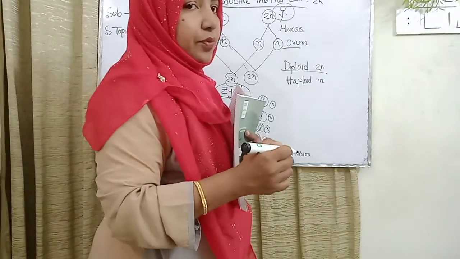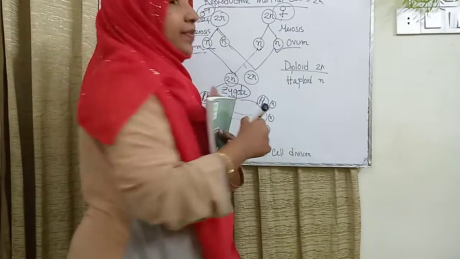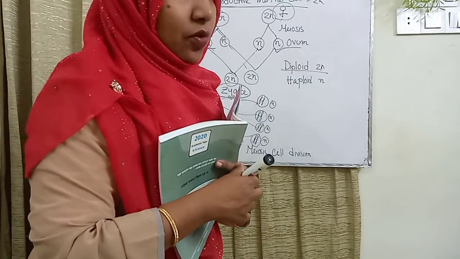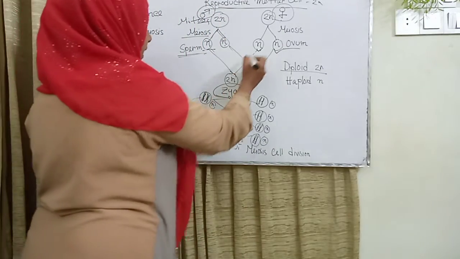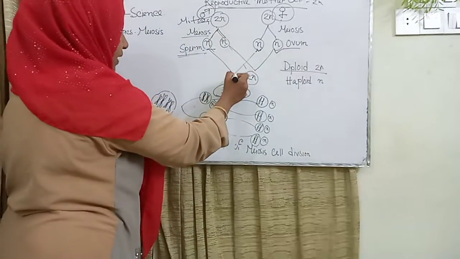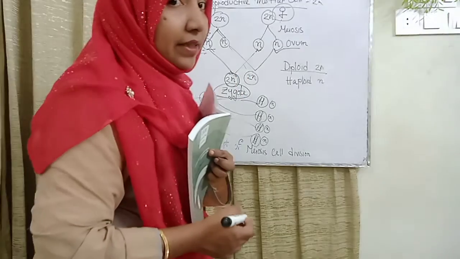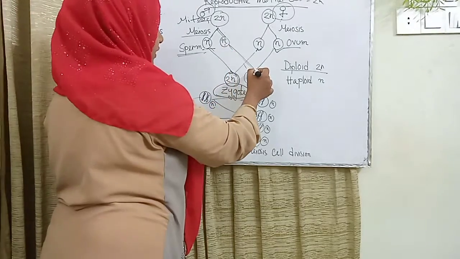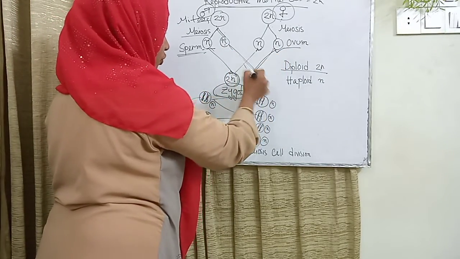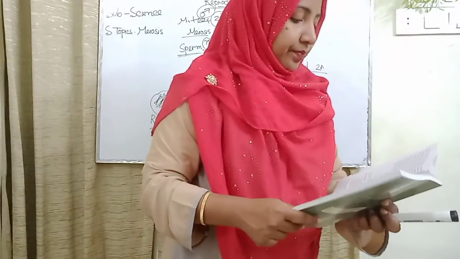Here's the female reproductive cell. It also divides into N gametes and N gametes, and another structure is called the ovum. Now, one sperm and one ovum undergo fertilization, and it becomes diploid, or 2N.